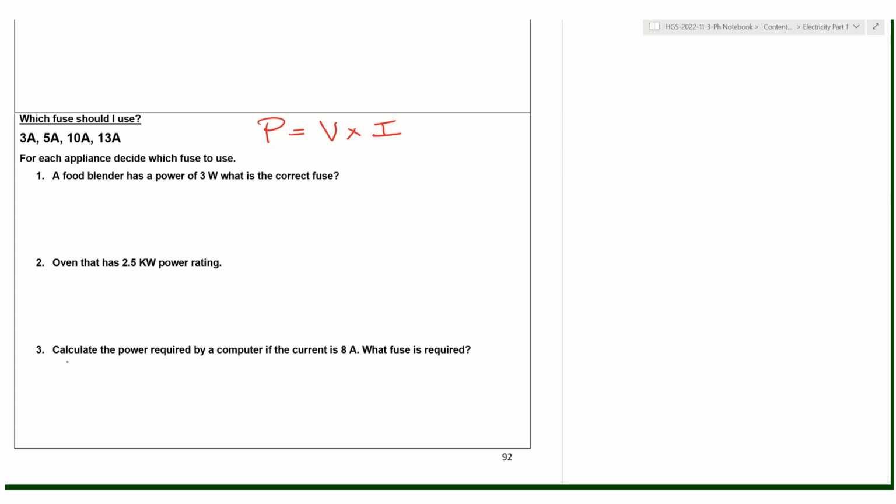And remember, for this question 3, you need to think about this is plugged into the mains electricity. All of these are plugged into mains. So what is the value for the mains alternating potential difference? And that is 230 volts. So we use that value for potential difference.